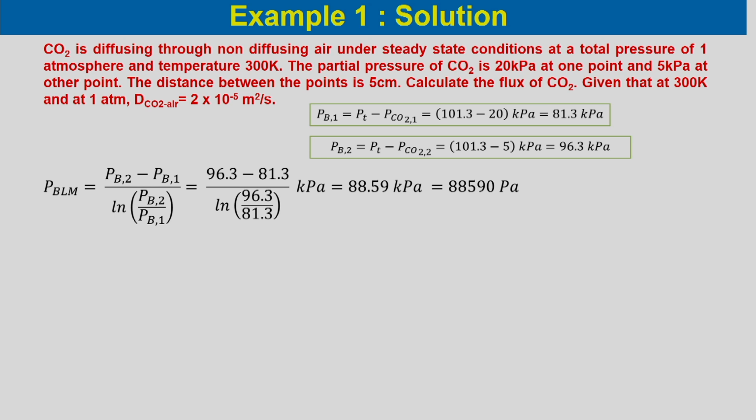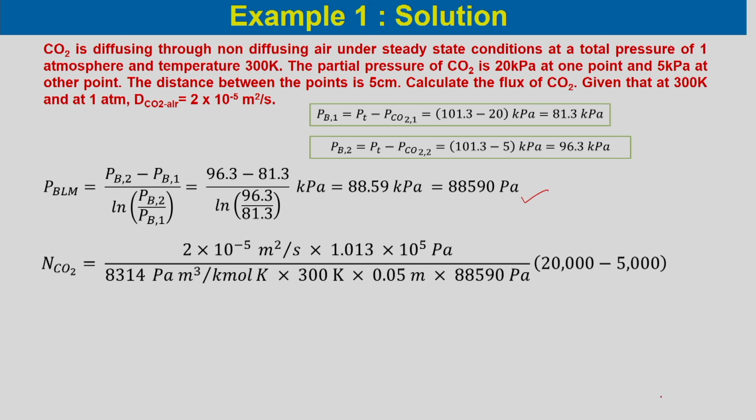Now, if we calculate PBLM, the log mean partial pressure difference, it is PB2 minus PB1 divided by ln PB2 by PB1, which would be equal to 96.3 minus 81.3 divided by ln 96.3 divided by 81.3 kilopascal, which is 88.59 kilopascal, and which is equal to 88,590 pascal.